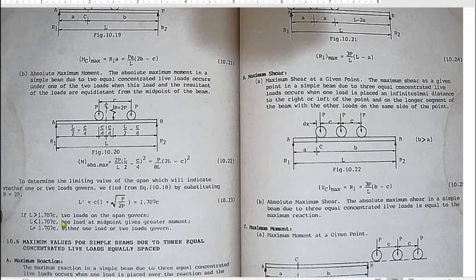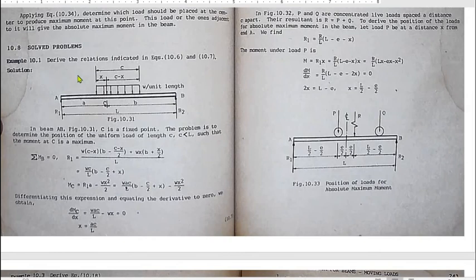Maintindihan natin to with examples, which leads us to the next lecture. By the way, ililimit natin ang ating mga samples sa uniform loads tsaka dalawang wheel loads lang. So for example, 10.1.